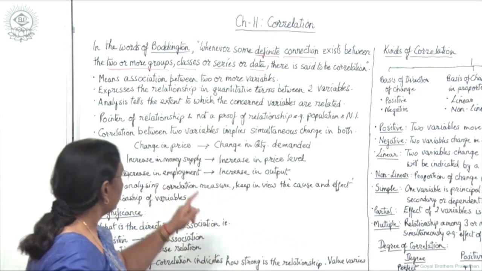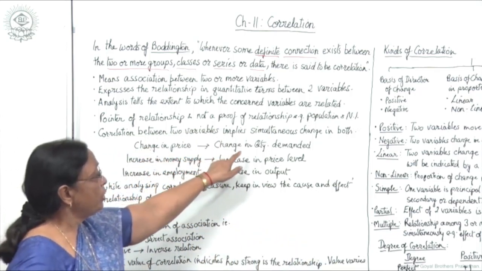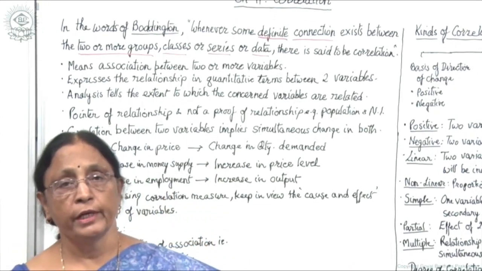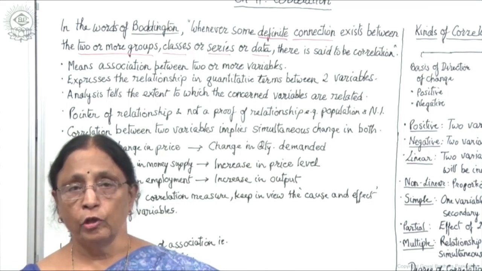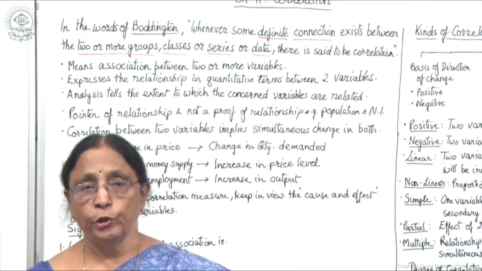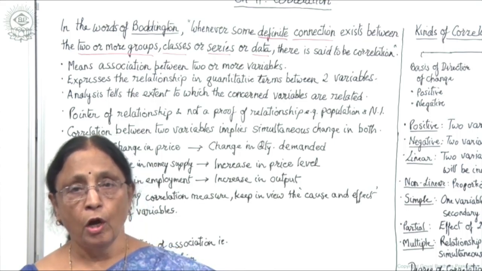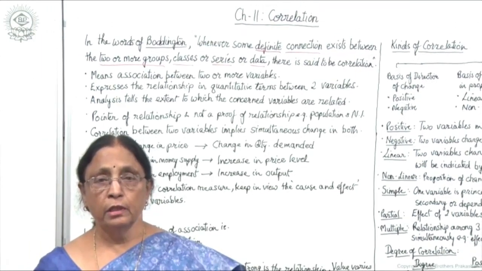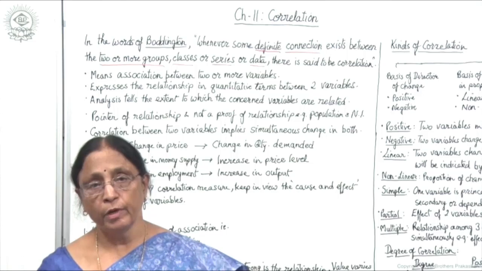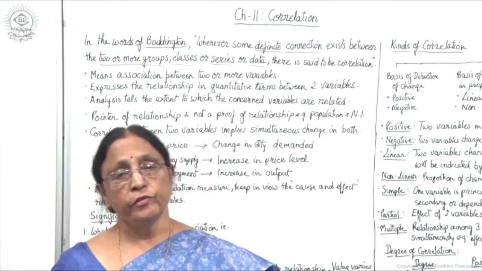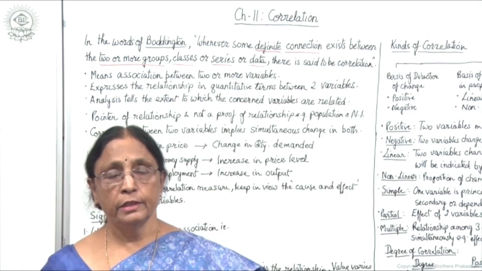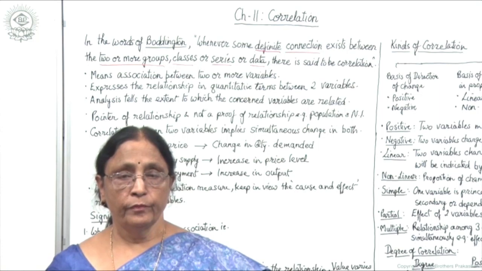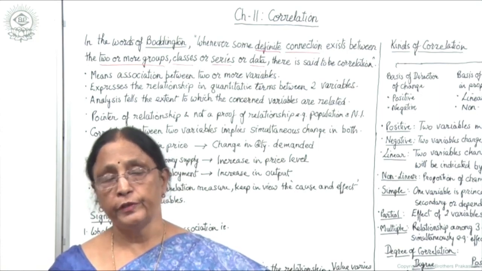Now let us take the example: change in price and change in quantity demanded. Whenever the price of commodities in the market changes, though you have not learned about the law of demand, you know the meaning of demand. That means how much people are demanding, the quantity demanded in the market, that is known as demand. By general observation we see that whenever the price of commodities increases in the market, the demand is bound to decrease.